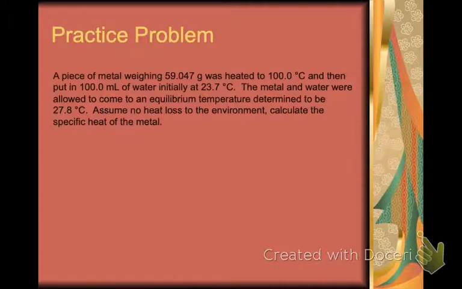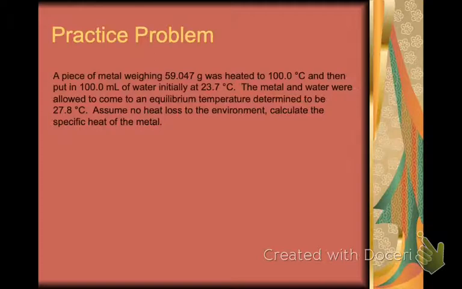In this case, we were talking about calculating the delta H, or the enthalpy change, and using the negative mass times C sub P times delta T. That's going to either give us a positive or negative delta H, depending on whether it's exo or endothermic. But if we were to do Q, when heat is released in a reaction, Q is going to be positive. When heat is absorbed in a reaction, it's going to be negative. So I just want to make that distinction before we move on to this practice problem.